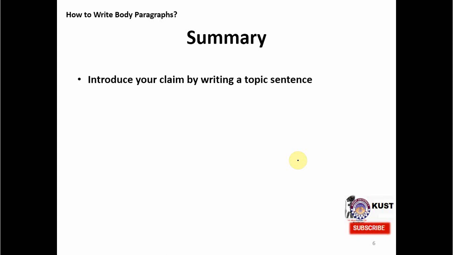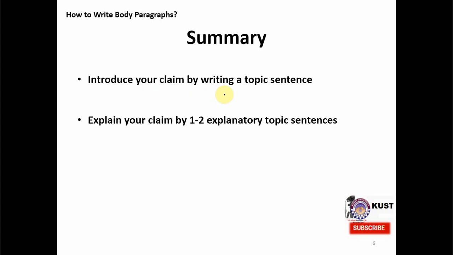So first thing is that you introduce your claim by writing a topic sentence, and you may write 1 or 2 or 3 sentences, but usually it's done with just 1 sentence. And then you explain your claim by 1 to 2 explanatory sentences, and bring in the evidence for your claim. That's very necessary.